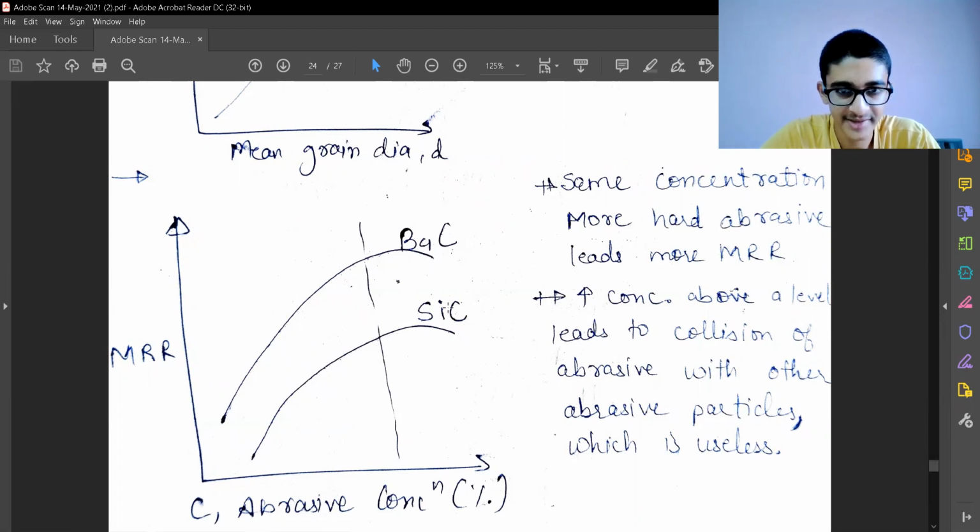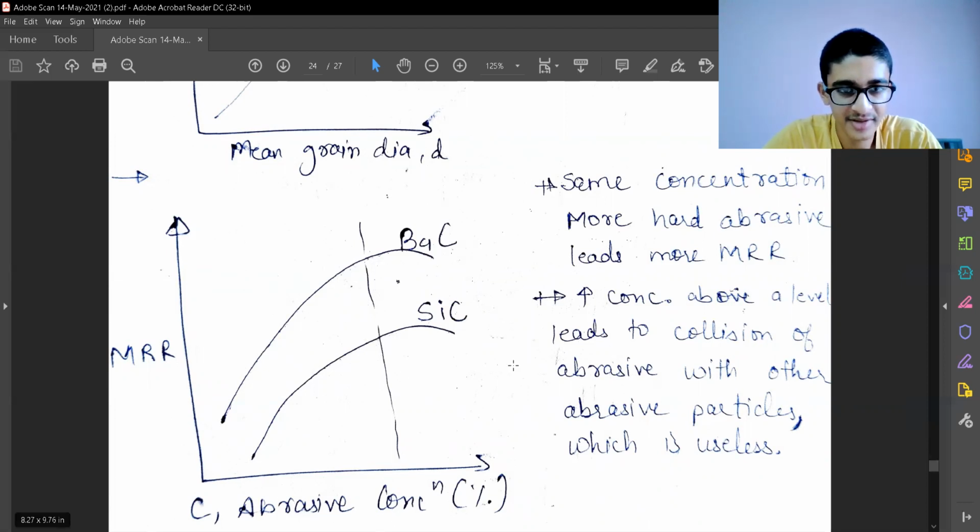We know that SiC, silicon carbide, is hard, but B4C, boron carbide, is also a very hard material. So the abrasives made from boron carbide are going to lead to a higher material removal than the same abrasive concentration of SiC.